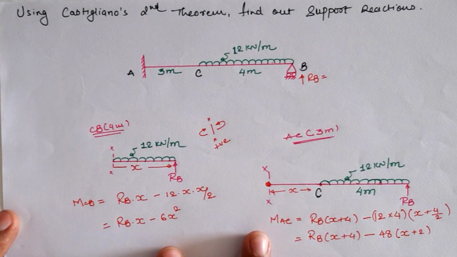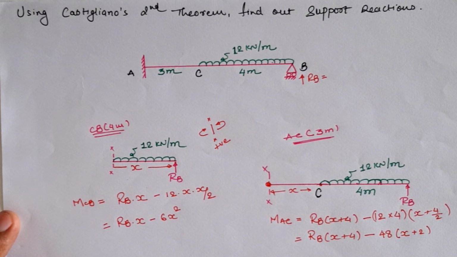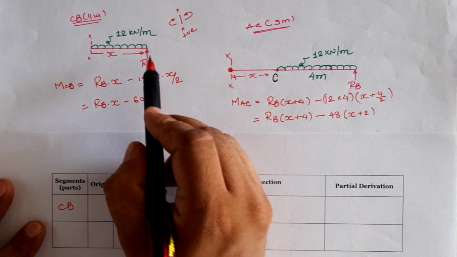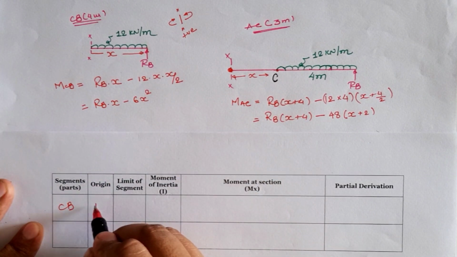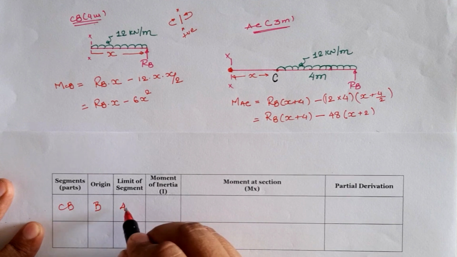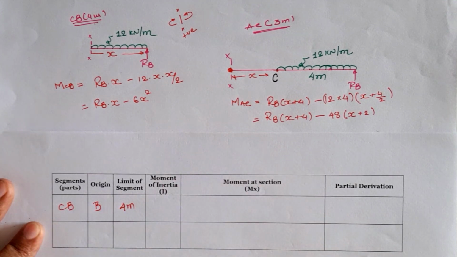Now this moment is going to be used for the calculation in Castigliano's theorem, and the tabular form of Castigliano's theorem is as follows. For the C to B segment we have assumed the origin as B, and the limit of the segment is given as 4 meter, as the total CB segment is 4 meter.